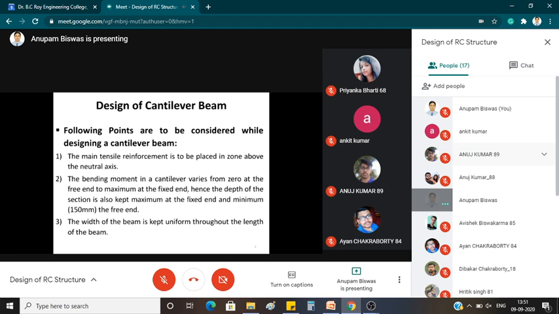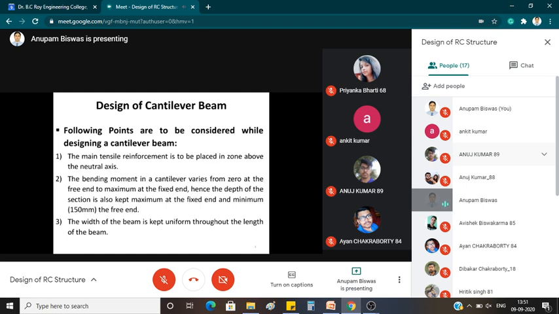The main tensile reinforcement is to be placed in the tension zone, above the neutral axis, because there is no point in giving tensile reinforcement in the compression zone.